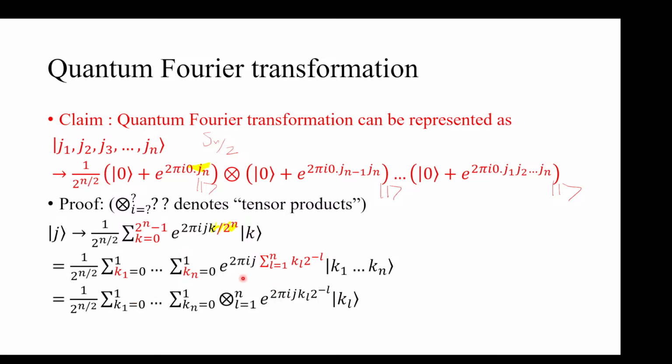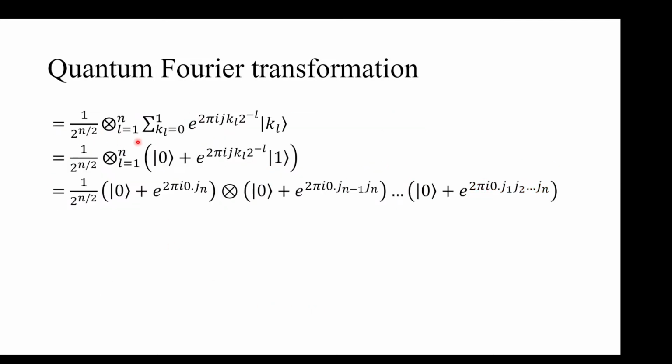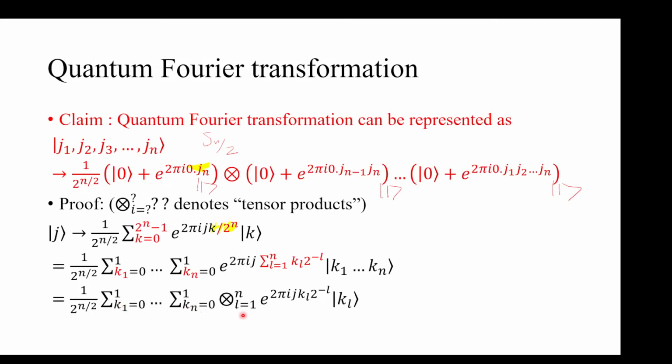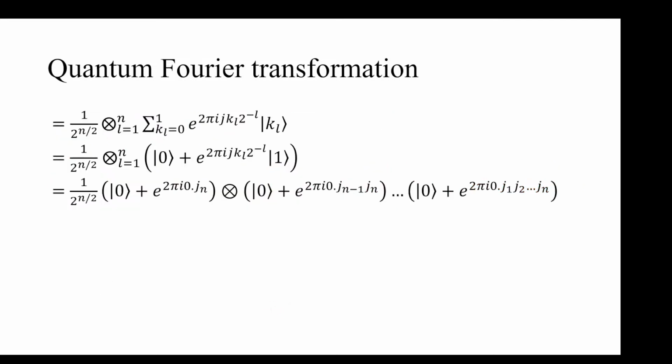Each kl is only inside its own component, so we can pull the summation inside to each component of its respective kl. Instead of summing over k1 to kn, we just have each kl summing inside itself.